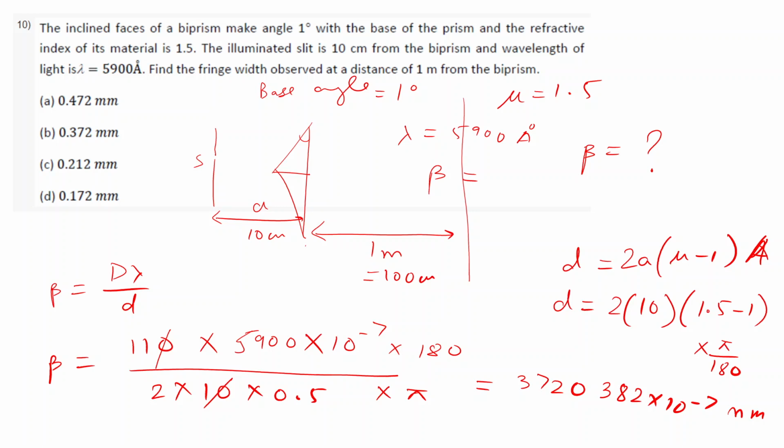This was in centimeter, this was in millimeter. If I change it to millimeter, A was also in centimeter, so this will also change, then this will become 1, 2, 3, 4, 5, 6, 7. So this is fine. Even if I convert it to millimeter, these will get cancelled, and in centimeter I will get 0.372 millimeter. 0.372 millimeter is the correct answer.